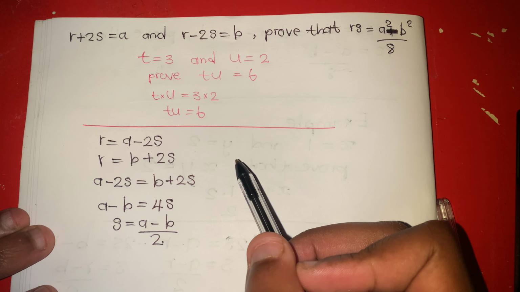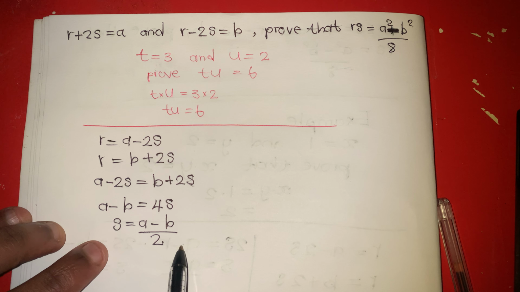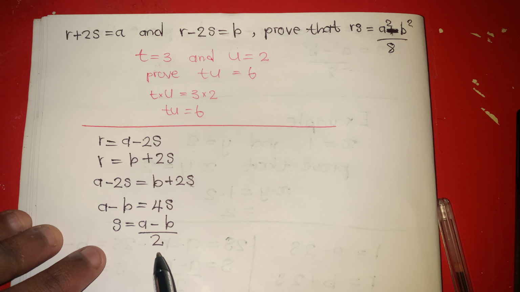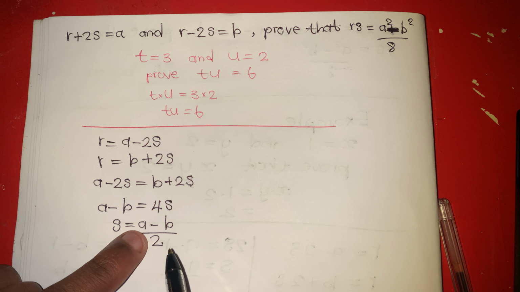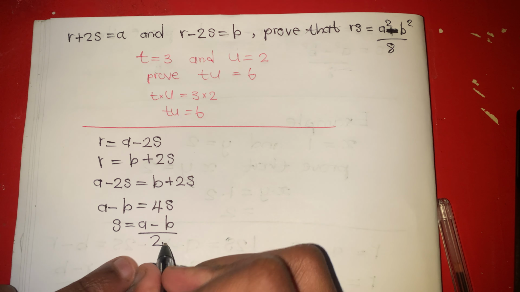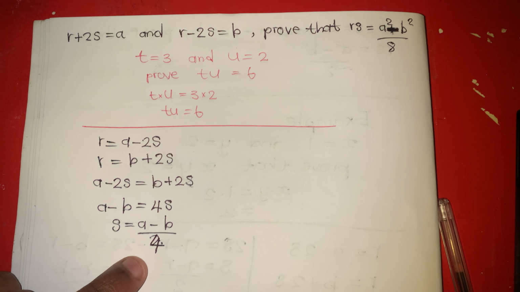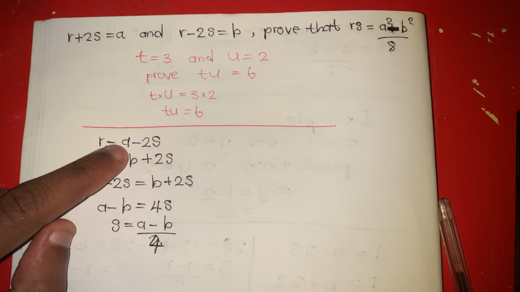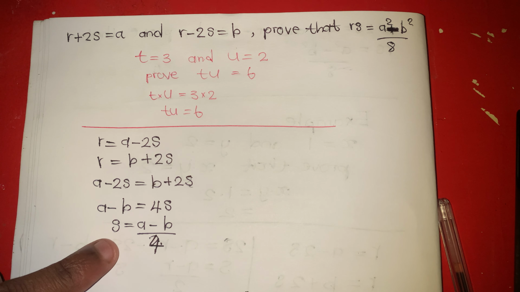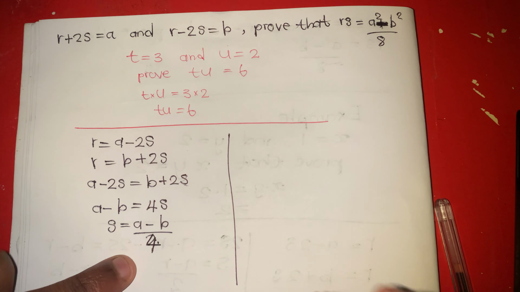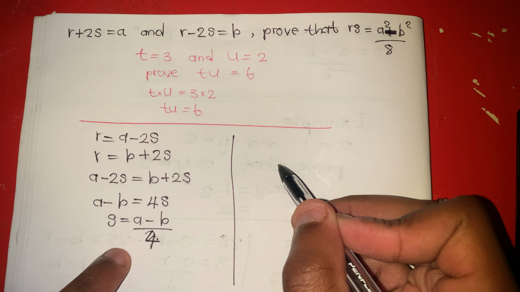So now that we have s, we should find r in terms of a and b. Okay, sorry, this should be a 4. We have s in terms of a and b. From this, we know that s remains constant throughout.